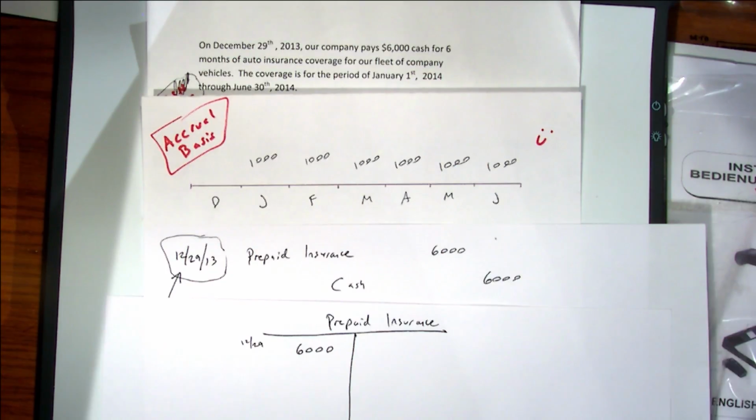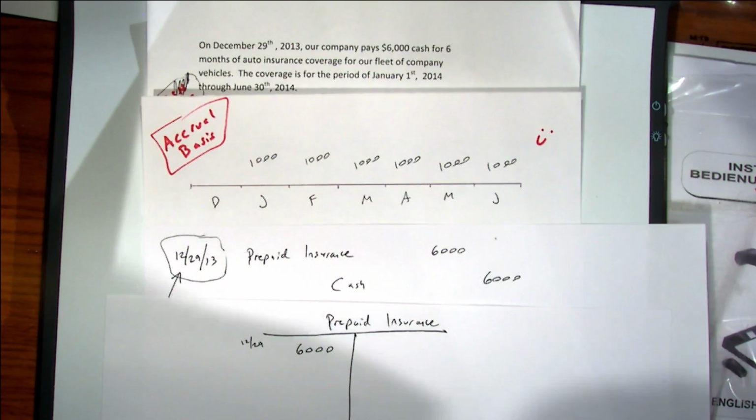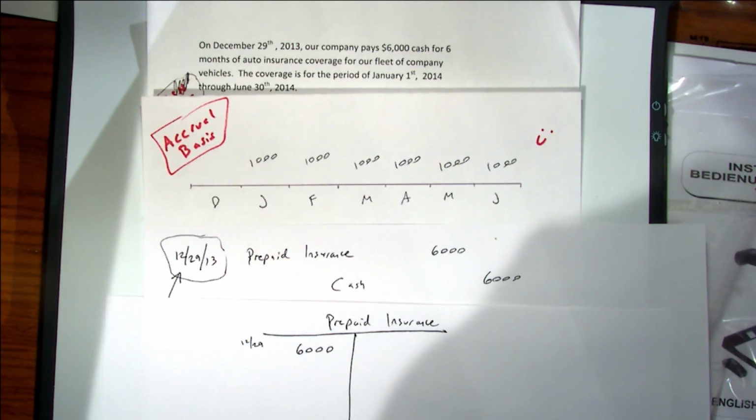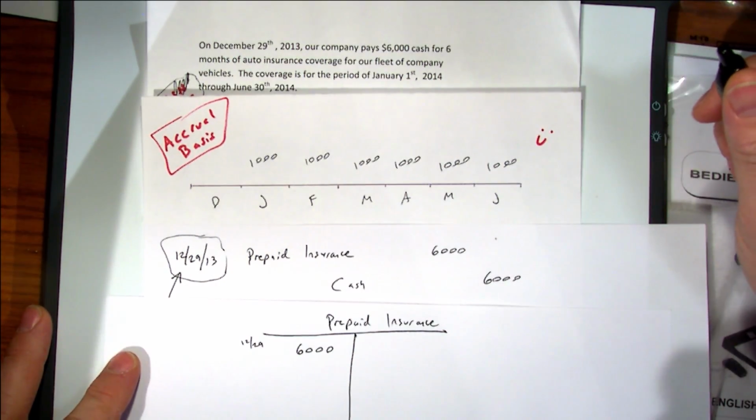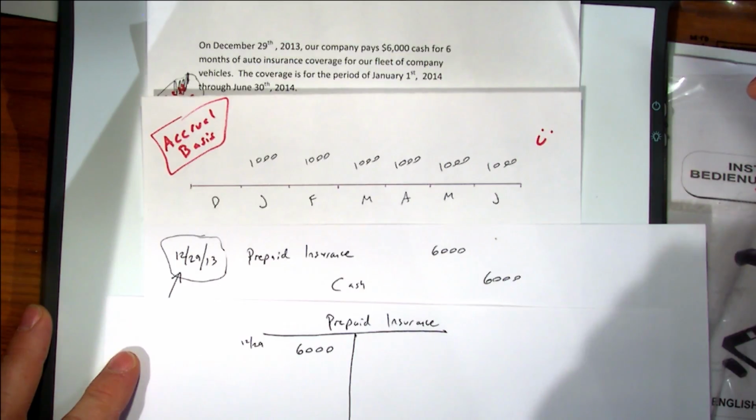If we paid $6,000 for 6 months of auto insurance coverage, basically what is the amount of auto insurance coverage for each month? $1,000. Now, let's fast forward in time, and we are now at January 31st of 2014.